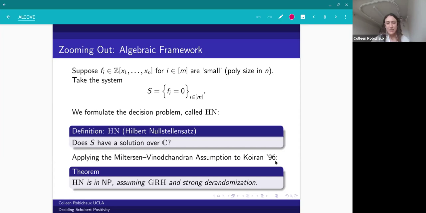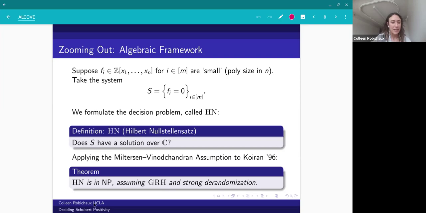But in 1996, Koiran had some landmark work in which he showed that Hn is in this class AM, assuming GRH, where if we apply some fancy computer science assumption, his result would say that Hn is in NP if we assume GRH, the generalized Riemann hypothesis. I don't think we'll have time, but in question time we could talk about the GRH part if anyone's curious.